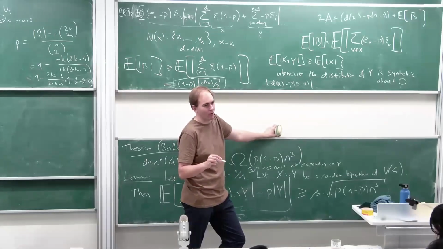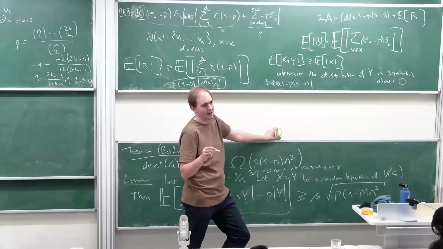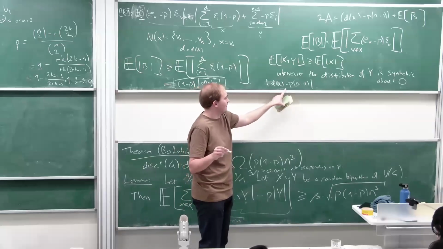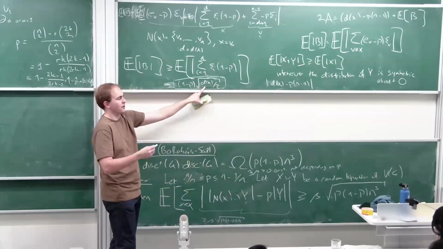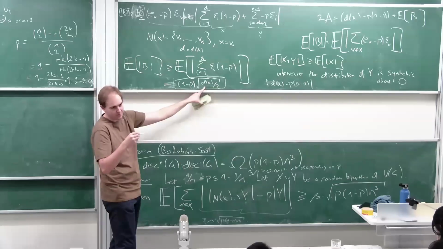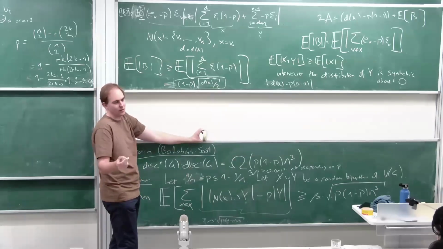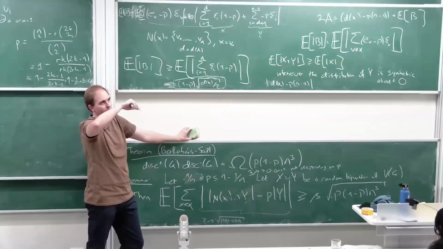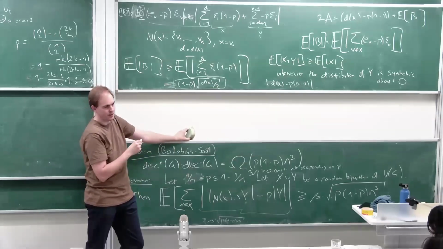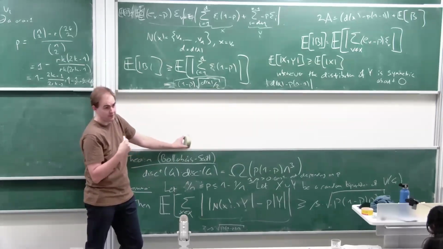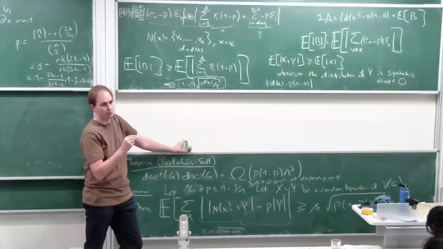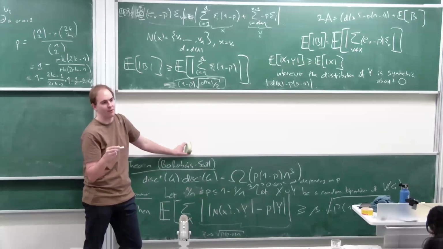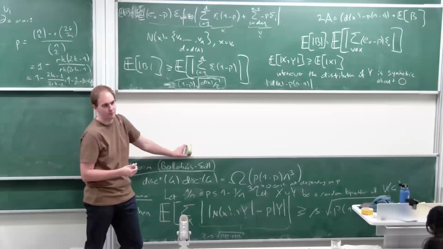And there we see that it's not the case that the contribution is lower bounded by root p times n, because the contribution for those with degree 0 is just p times n, which is much smaller than root p times n when p times n is little o of 1, which happens in this regime.